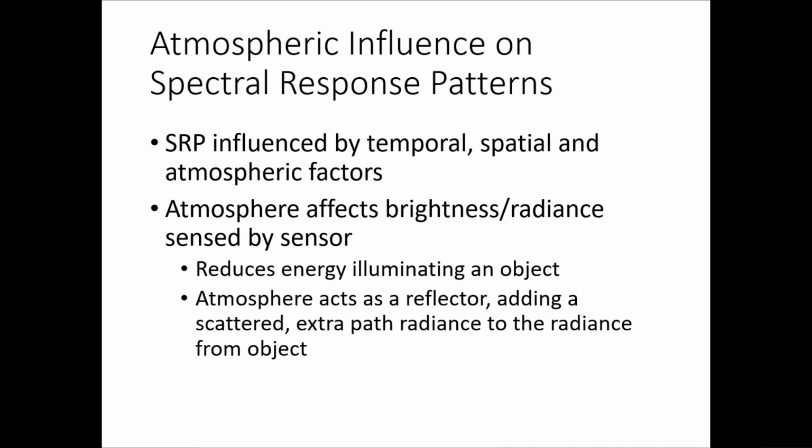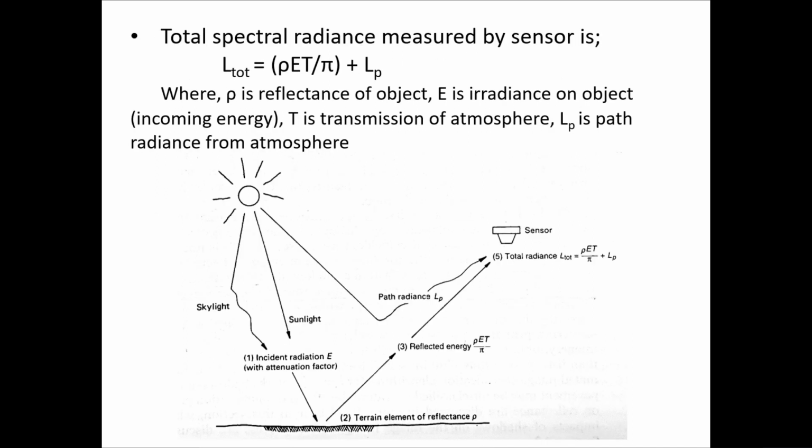If you look at this figure, from the source, which is the sun, there is sunlight, and some incident radiation, E, which is the irradiance on the object, that is the incoming energy on the object. It falls on a particular surface feature and it has some reflectance represented by rho. What is reflectance? We saw yesterday what reflectance is. What is reflectance? Anyone?